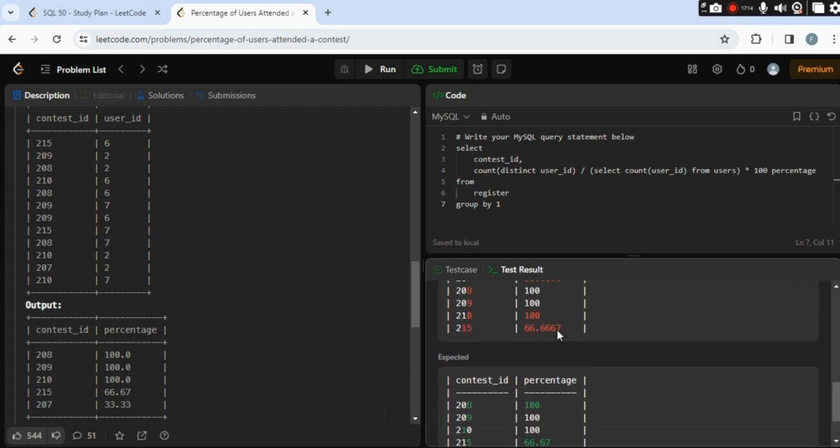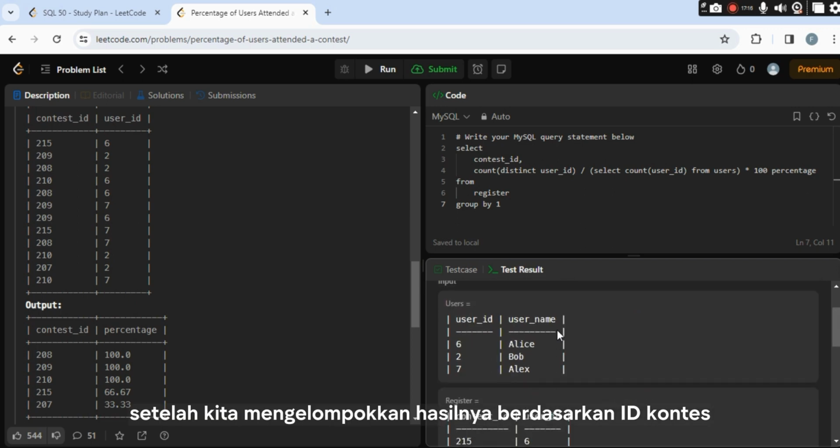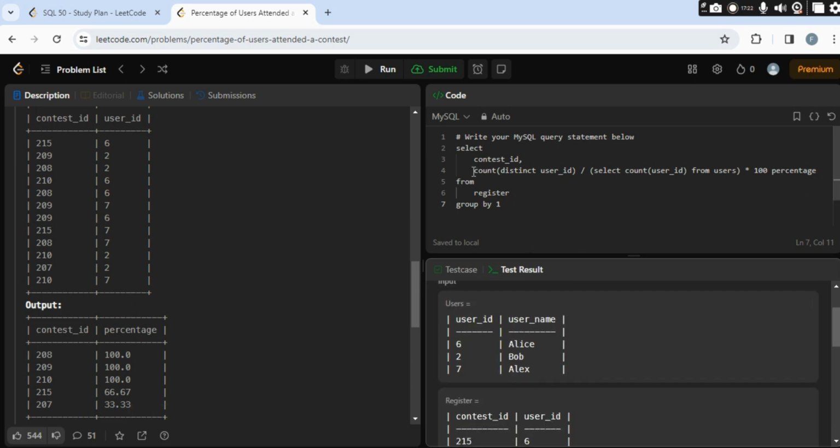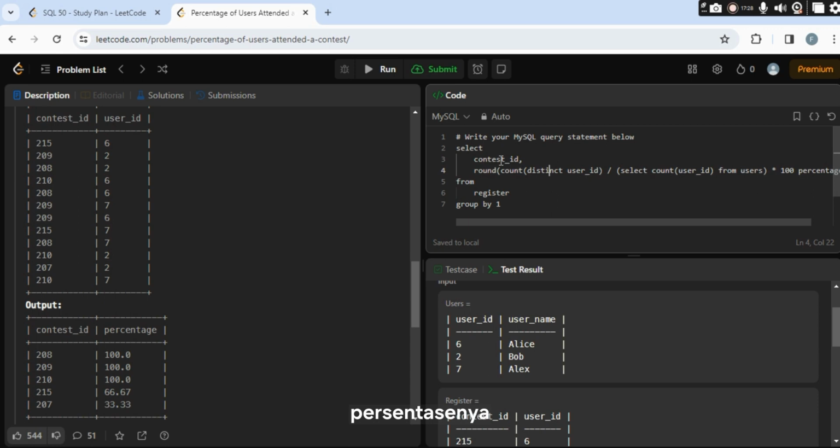After we group the result by contest ID, we can round the percentage to 2 decimal digits.